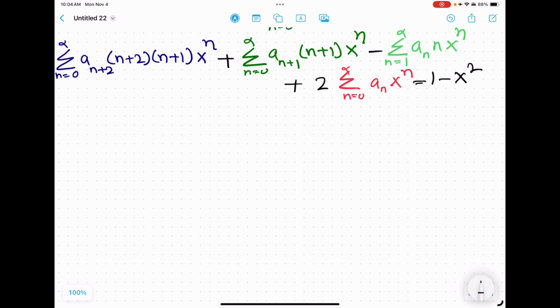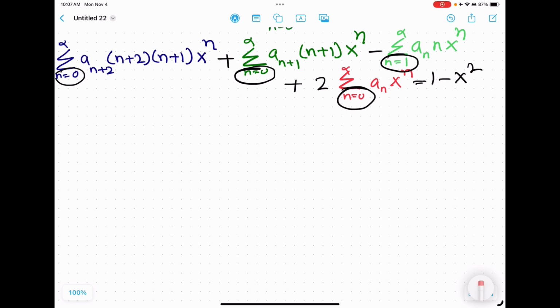Now my third step is to shift our indices, so these ones right here, so that they all have the same starting index. And I can see that three of the power series have the starting index 0, and the other one is just 1. And like we mentioned earlier, we always try to shift the indices of the smaller power series.